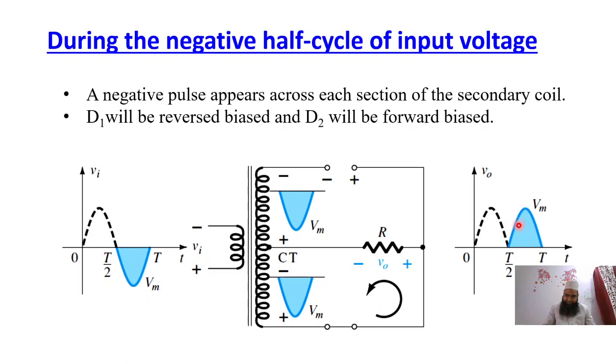That is, from T by 2 to T the voltage will be Vm, and from 0 to T by 2 the voltage will also be Vm. That means it converts both the positive cycle and negative cycle of the input voltage.